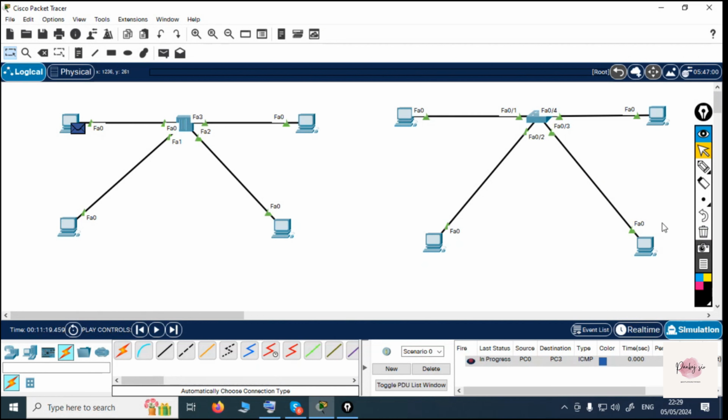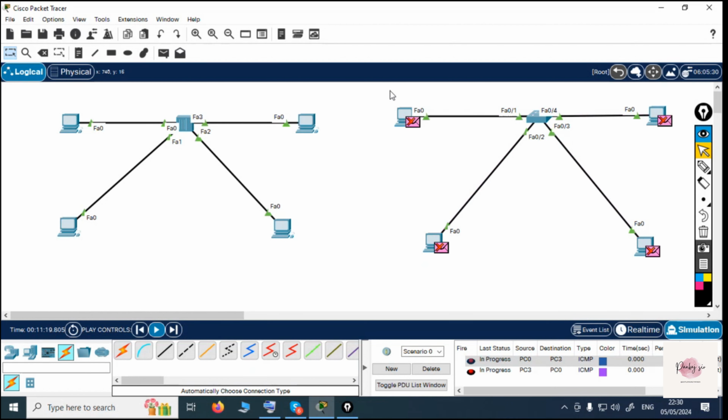At the same time, we will send the data from the last PC to the first PC. Let's see what happens. So the data is colliding. Collision occurred and every device came to know that collision has taken place.